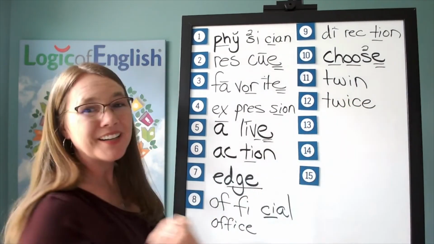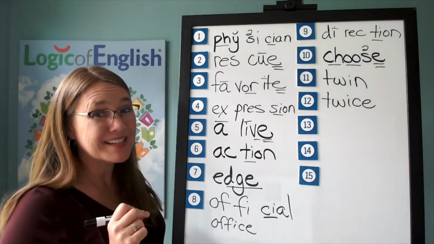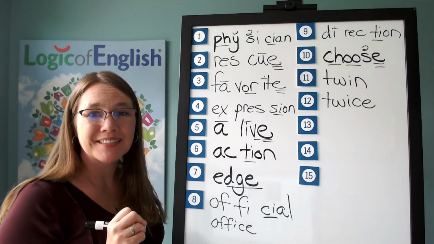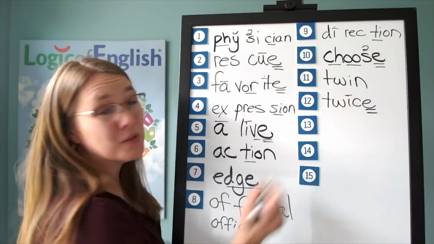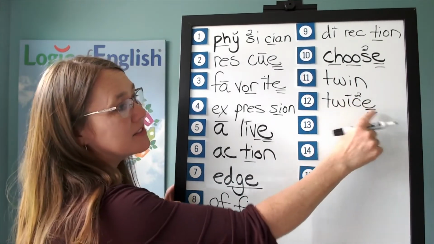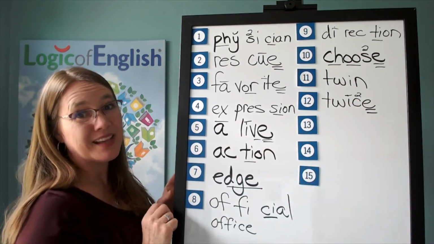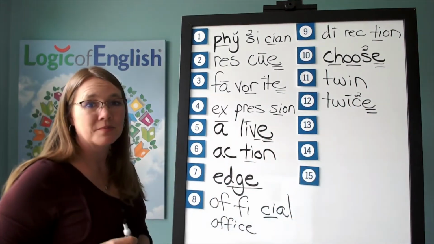T-w-i-s. Silent final E. Why do I have a silent final E in twice? How many reasons are there? There are two. So what are they? The vowel said its long sound because of the E, and the C softened to S because of the E. Let's read it. T-w-i-s. Twice.